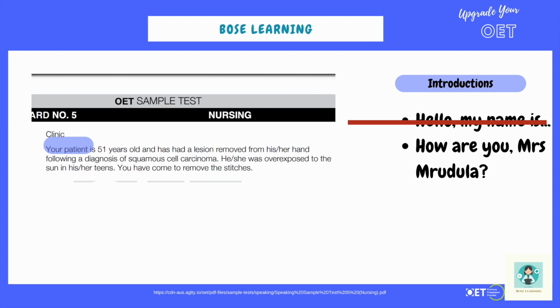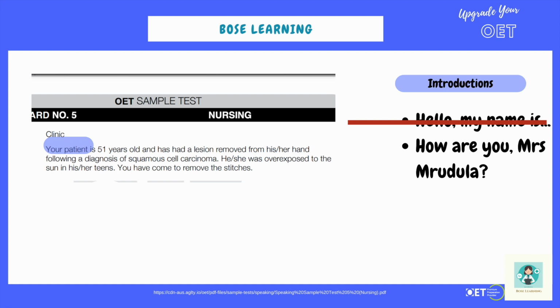Just begin in a different way. Why not just say, how are you, Mrs. M. Rudula? You can invent a name, if you want, no harm in that. Or you could even ask the interlocutor at the beginning in your 3 minutes what their name is, and you can use that. So just go with something and just carry on with it.